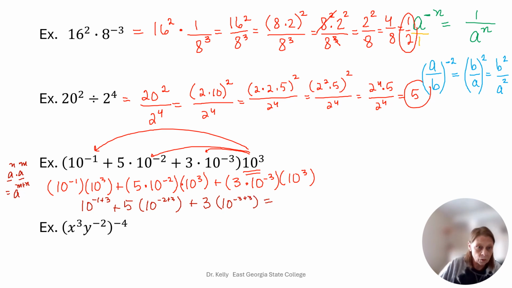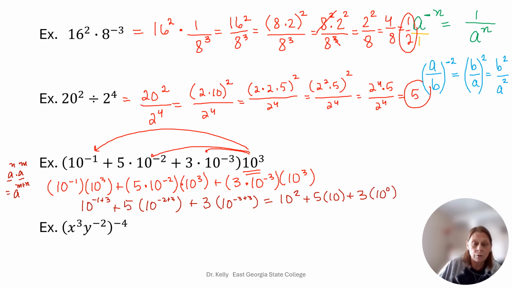So let's keep on going. 10 to the negative 1 plus 3 is 10 to the second. Plus 5 times 10, negative 2 plus 3 is 1, plus 3 times 10 to the 0 power.